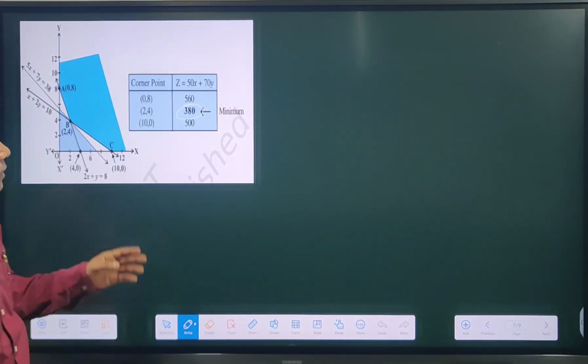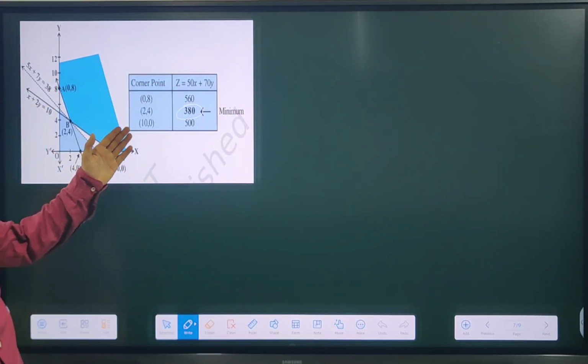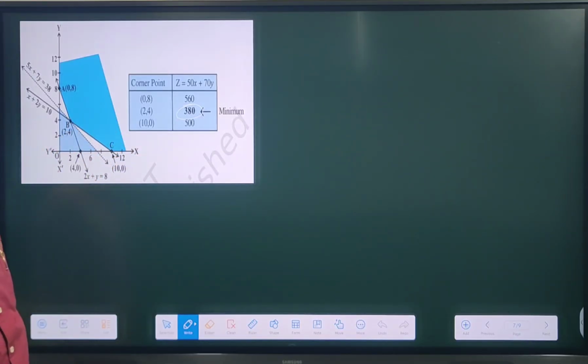And this is the solution that is given in NCERT.